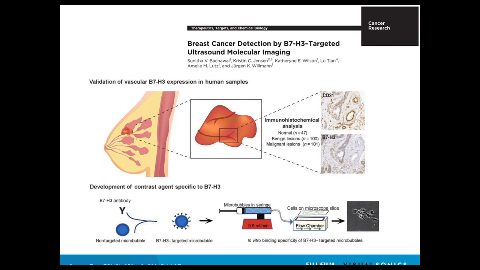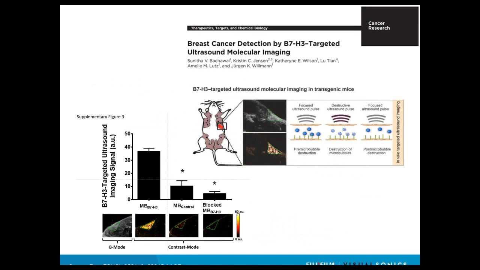So they injected the targeted microbubbles into their flow chambers with their cells on a microscope and assured that these bubbles really bind to the target they had in mind. They then moved on to a small pilot study in animals where they checked that they really get an enhanced signal using these bubbles, as you can see on the left.